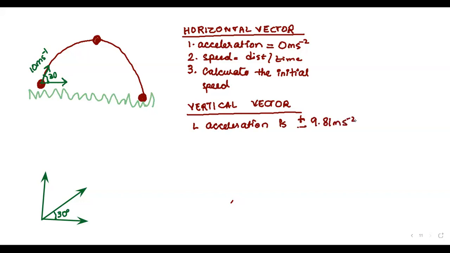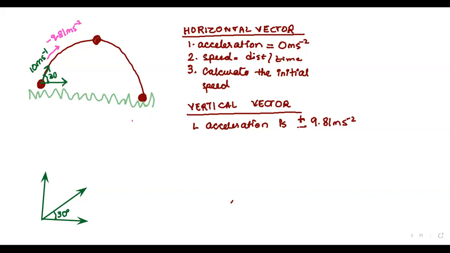Why am I saying plus minus? Because if my ball is traveling upwards, my acceleration is actually minus 9.81 meters per second squared. Why negative? Because I'm working against gravity. I've thrown my ball in the opposite direction to gravity. So my acceleration is minus 9.81.